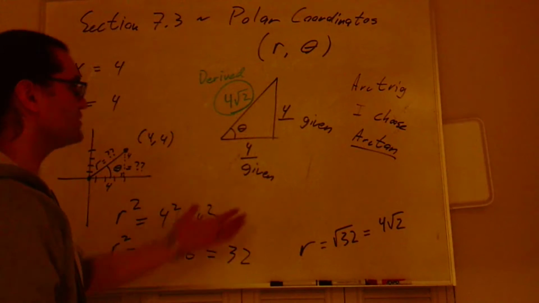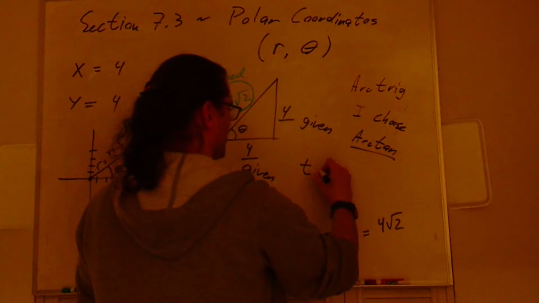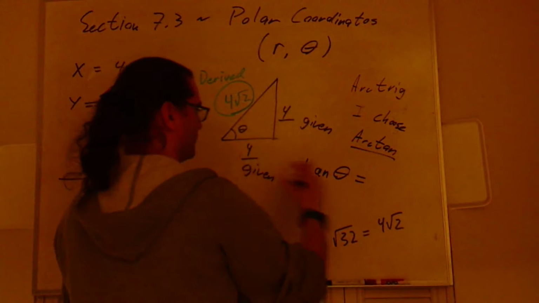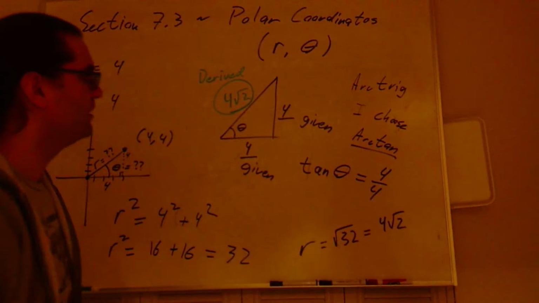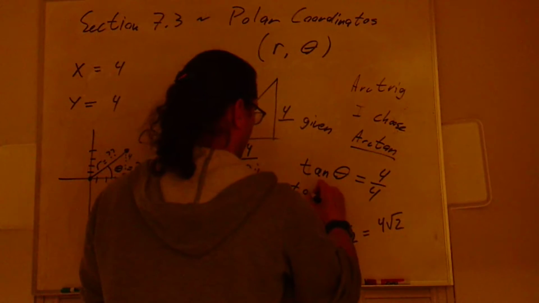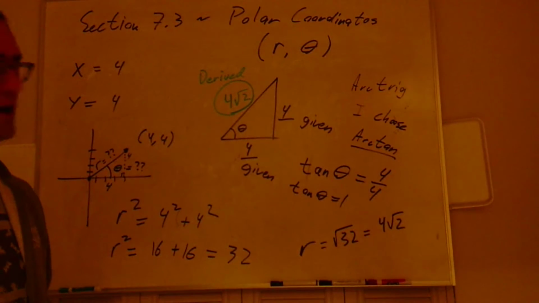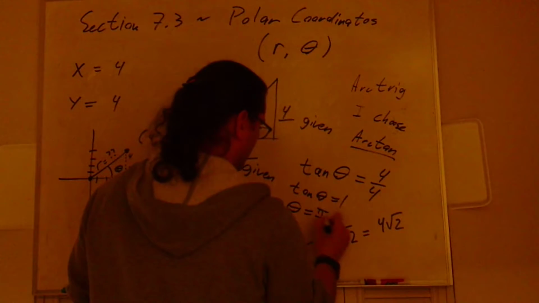So, for this particular problem, I'm going to say that the tangent of theta equals 4 over 4, the opposite over the adjacent. So the tangent of theta equals 1. And those of you following along with unit circles can probably tell me that theta equals pi over 4.